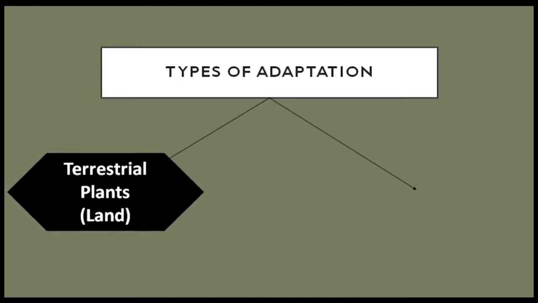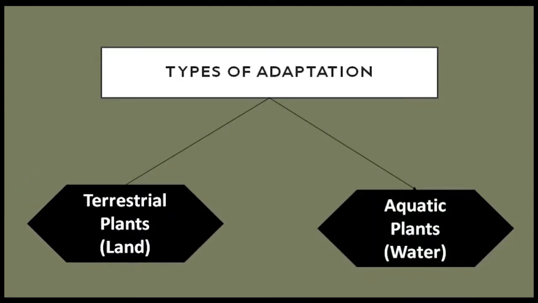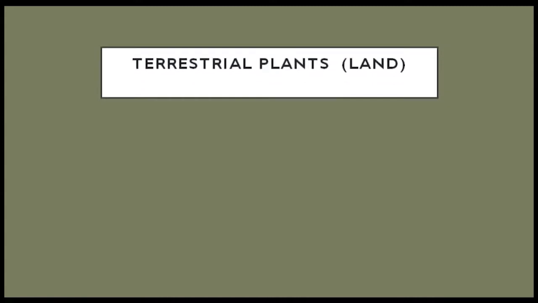Next, different types of adaptations are there. The first one is terrestrial plants, and the second one is aquatic plants. As you can see on the screen, terrestrial plants are the plants which grow on land, and aquatic plants are the plants that you find in the water.